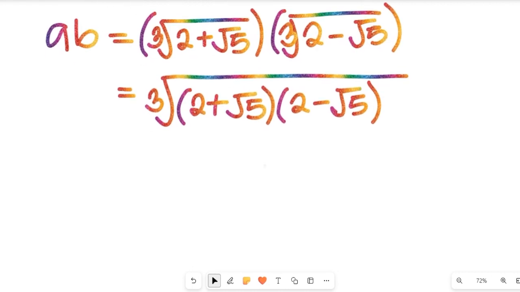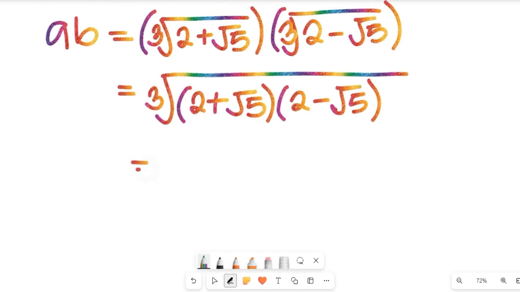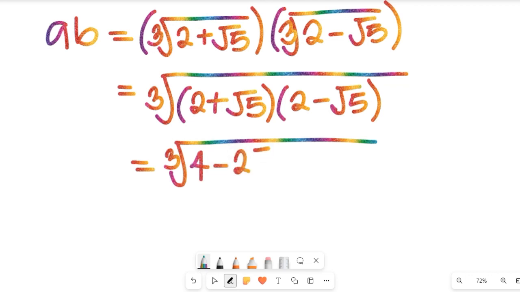This expression gives the cube root of 4 minus 2 root 5 plus 2 root 5, and root times root gives us 5.